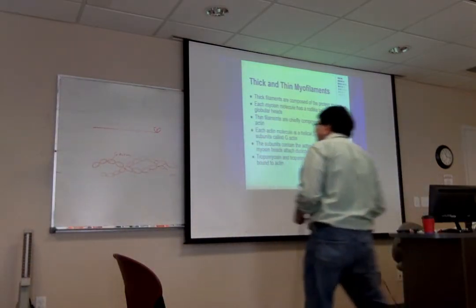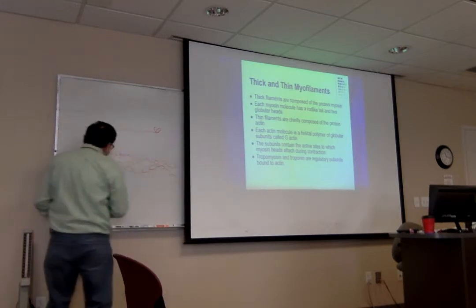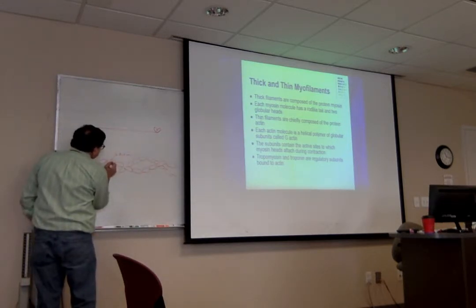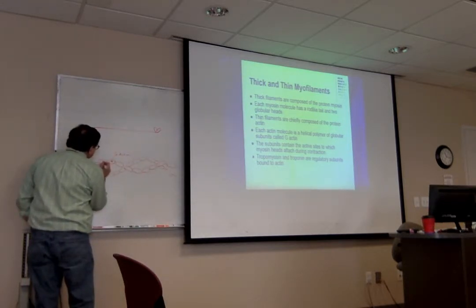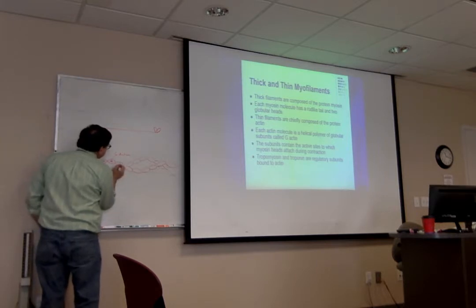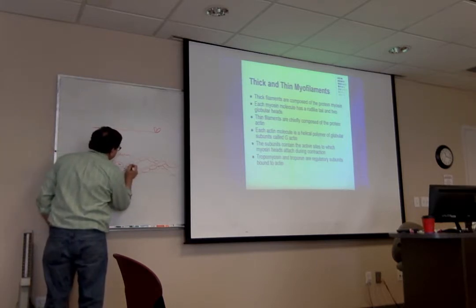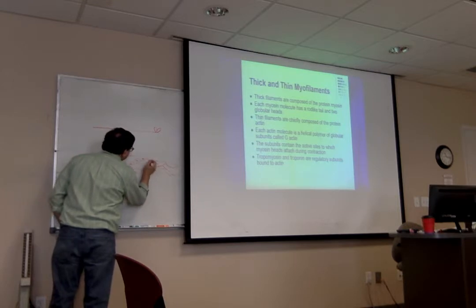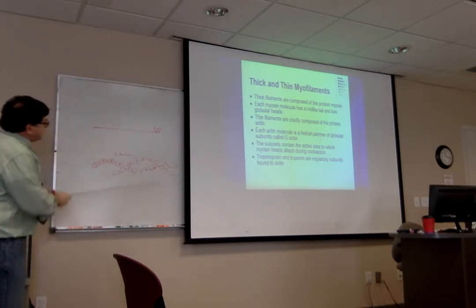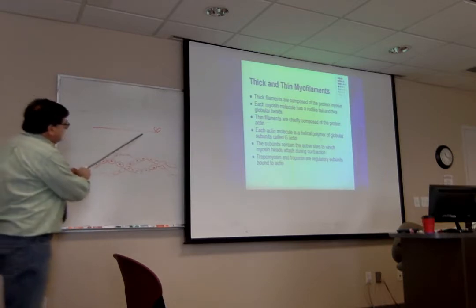Now, each of these G-actin subunits has a binding site in the center. This is called an active binding site. So this is what actin looks like. Now, myosin looks like this.